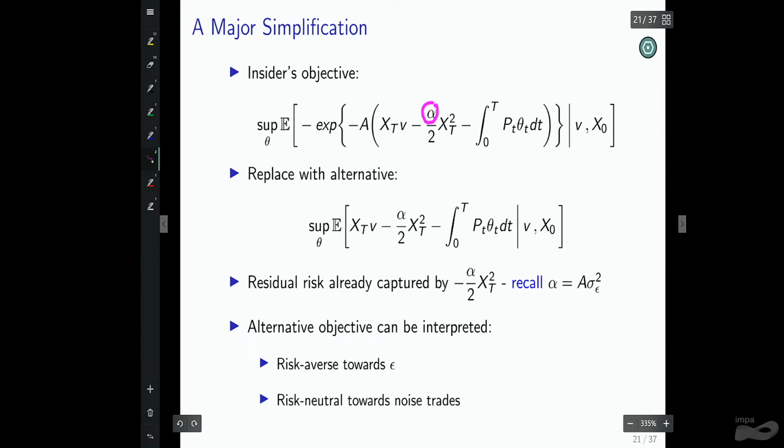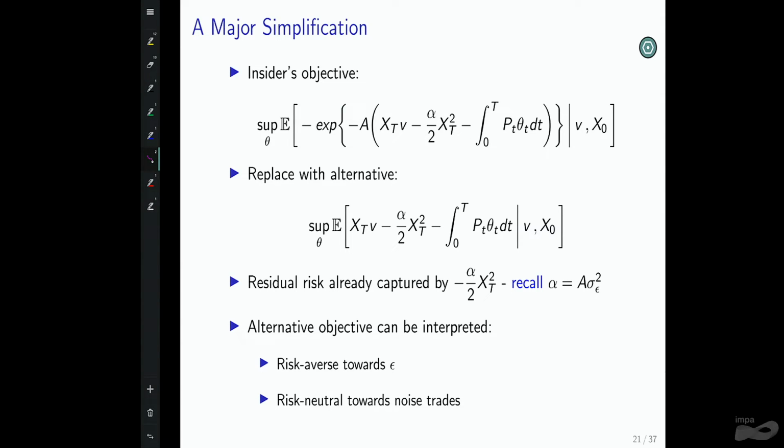Okay? So as long as this alpha term is positive, residual risk is still present in the problem. The only thing we're kind of lacking is we no longer have risk aversion towards the Brownian motion. The only two random components in this problem, in this expression here, the only randomness is coming from the Brownian motion of the noise traders and the residual risk term epsilon.